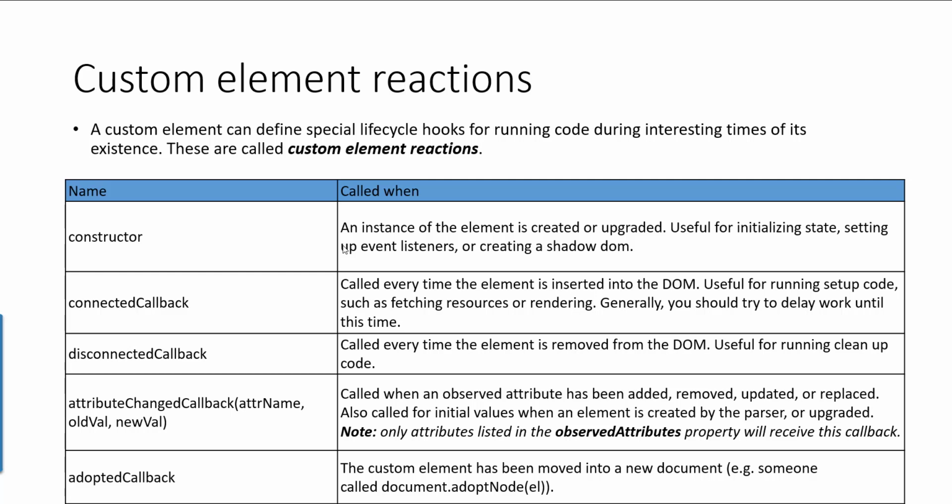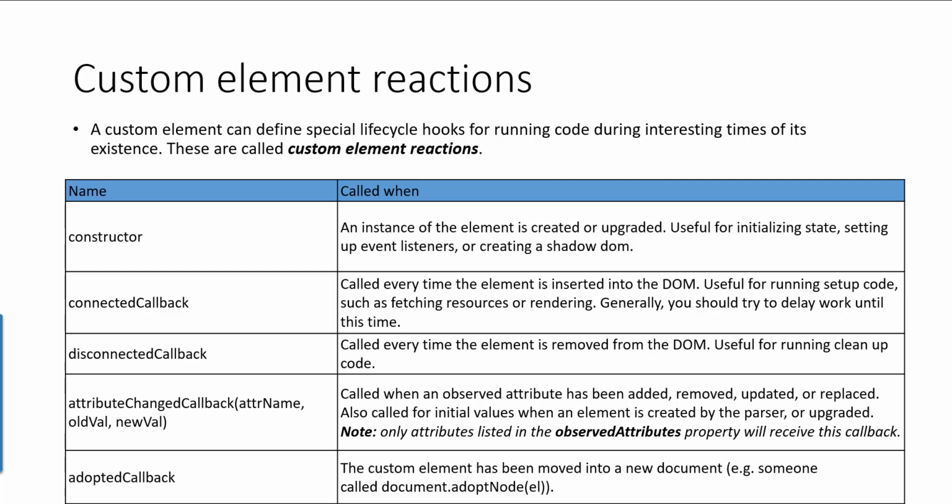So, the constructor is typically executed when the component is created or upgraded. The connectedCallback is a lifecycle hook method, or we can say it's a reaction, that is executed every time you insert this component inside the browser DOM, which means when the component is loaded inside the browser DOM, it executes the connectedCallback.